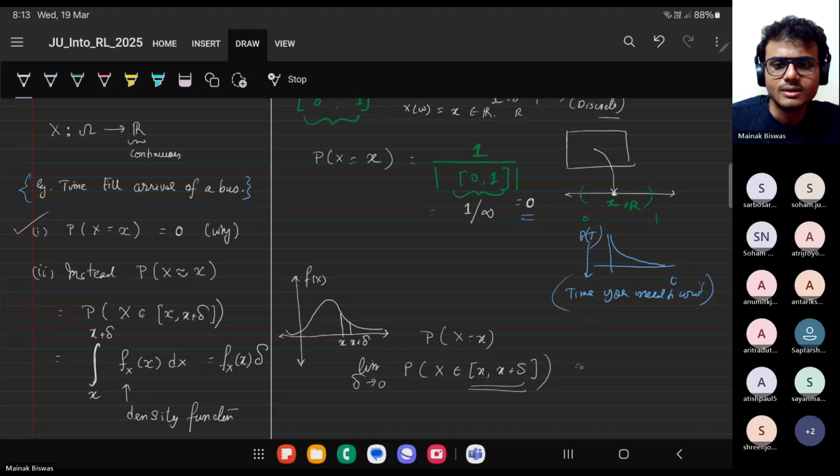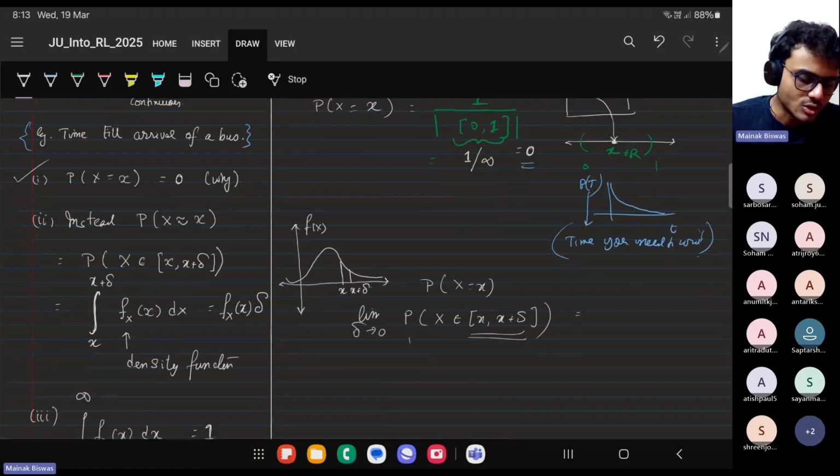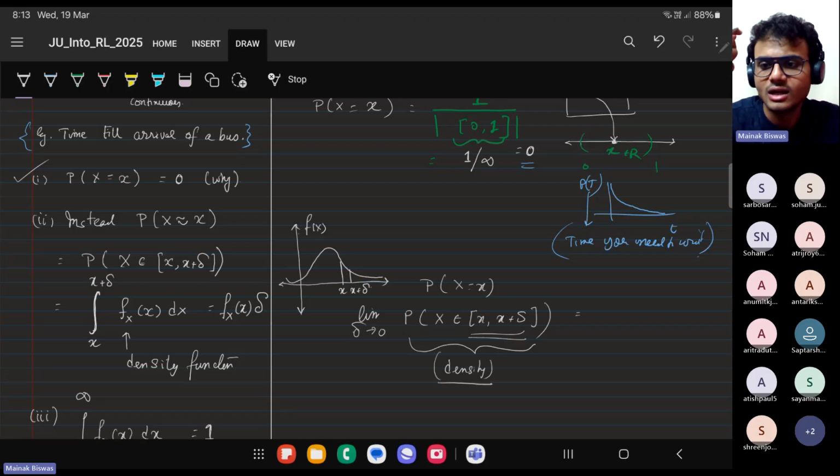Fine. So the function that we use to calculate this is defined as the density function. Density, because as you know, if you take an infinitesimal volume and multiply with the density, you get a mass, right?